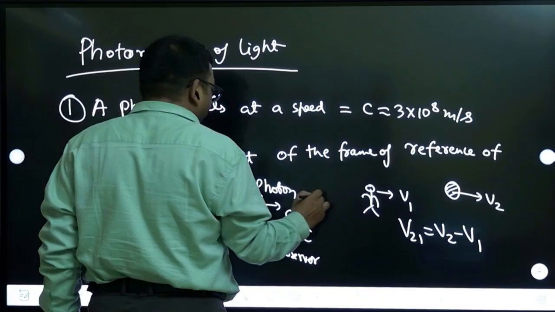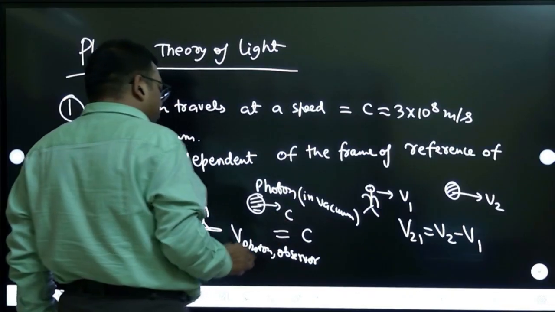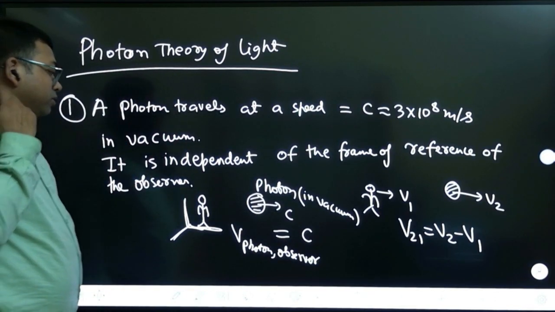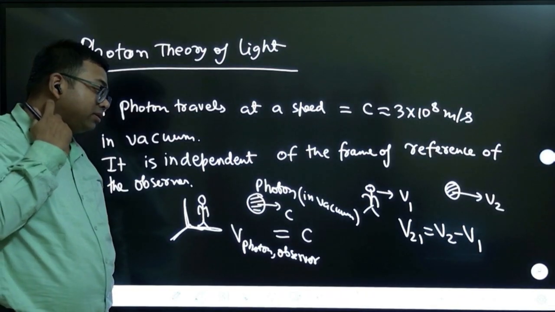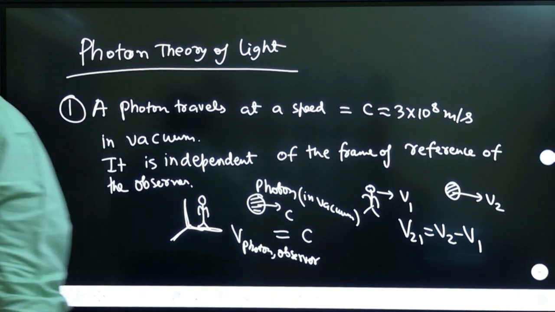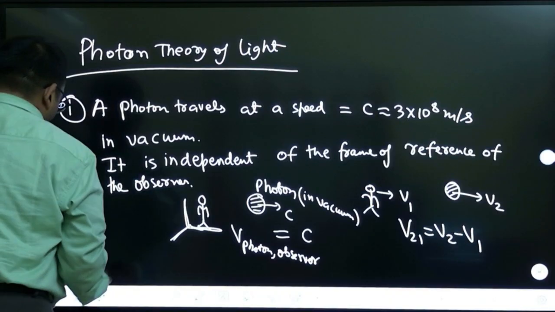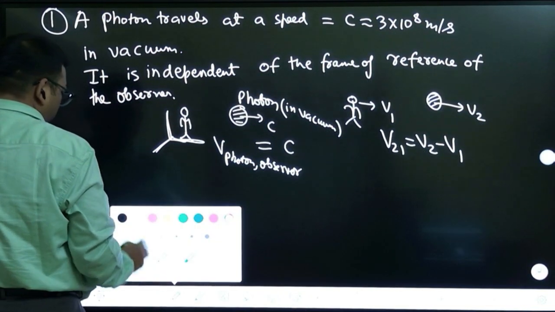The observer's motion does not affect the photon velocity. That is the main idea. Okay, let us go into the next point, point number 2, of the photon theory.